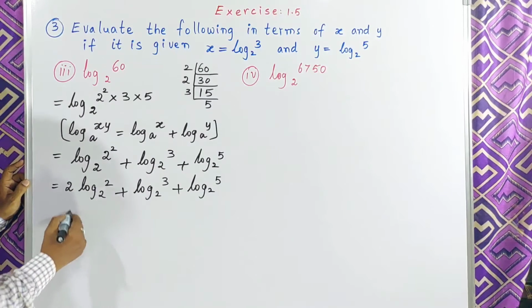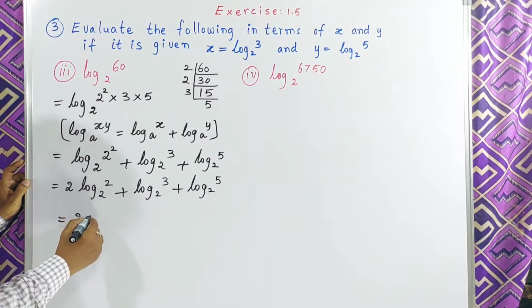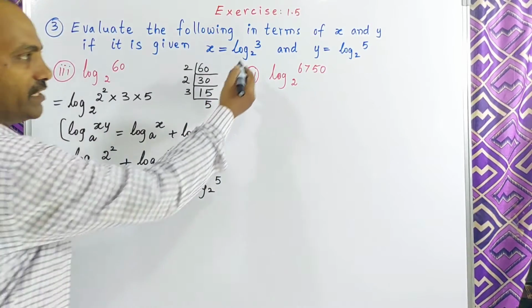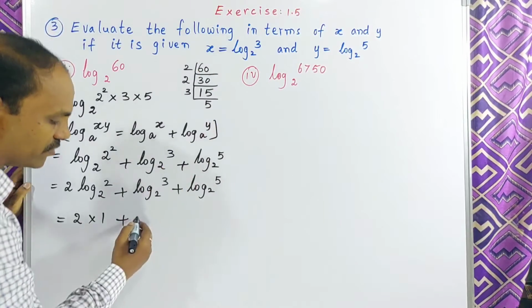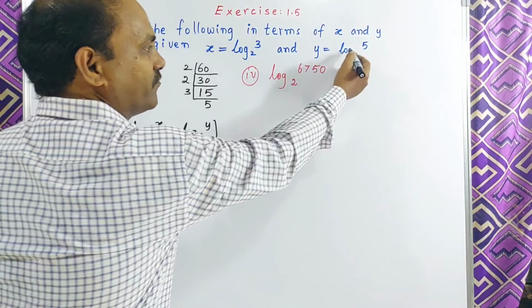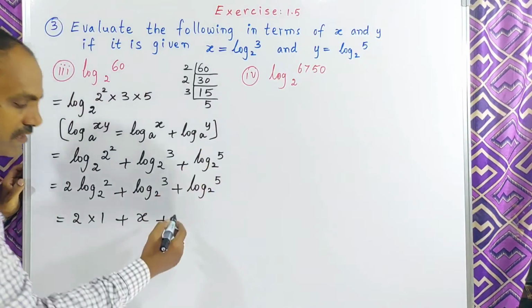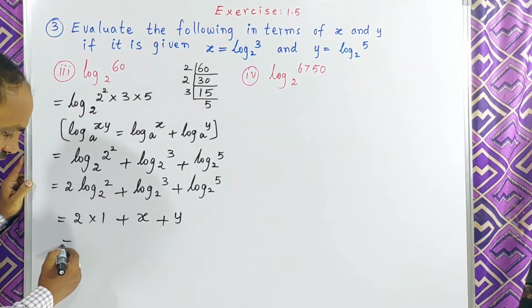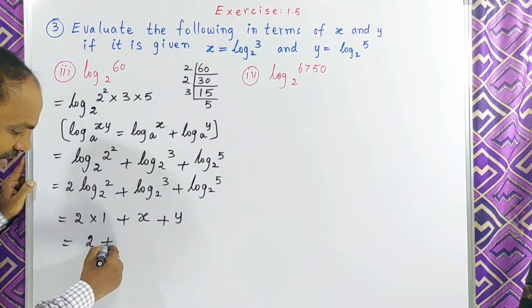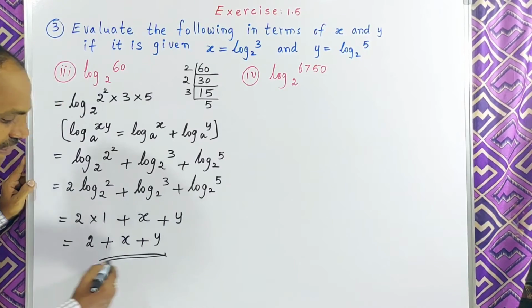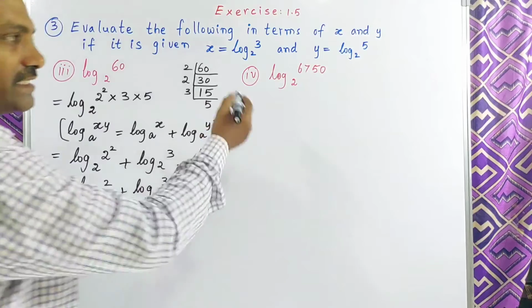Now 2 into 1, plus log 3 to the base 2 value x, plus log 5 to the base 2 value y. So 2 into 1 is 2 plus x plus y. This is our answer.